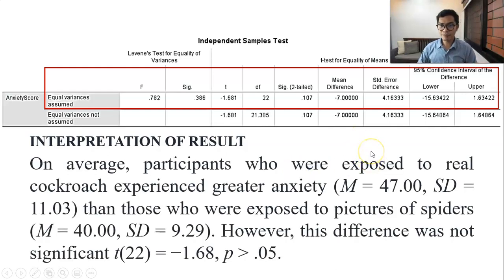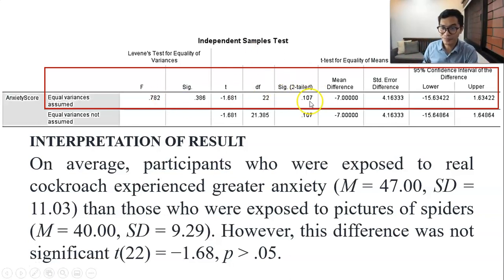On average, participants who were exposed to the real cockroach experienced greater anxiety, with a mean score of 47 and a standard deviation of 11.3, than those who were exposed to pictures of cockroach. Why spiders? It should be cockroach. However, this difference was not significant. What we wanted to establish is whether there is any significant difference between the two groups.